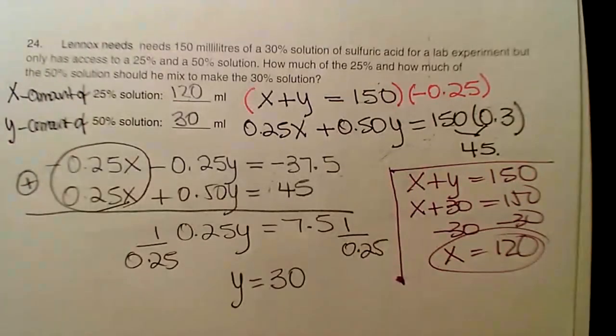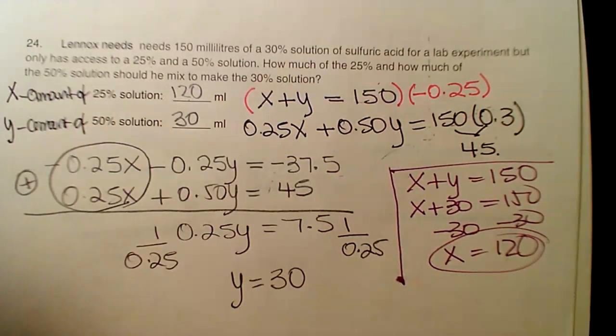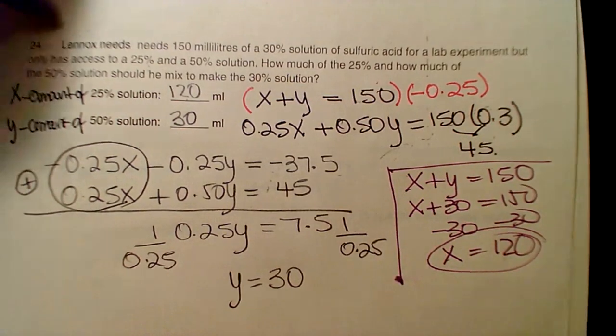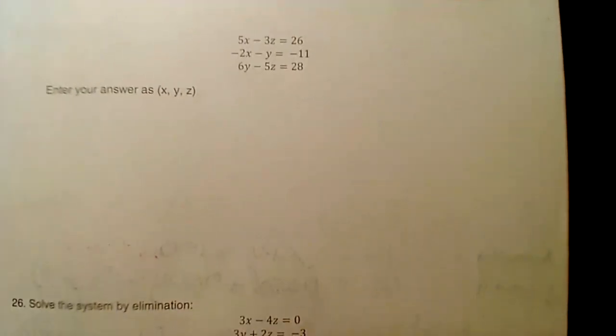Now, okay, let's do number C. We have three linear equations and we have to find the x, the y, and the z on both of them, okay?